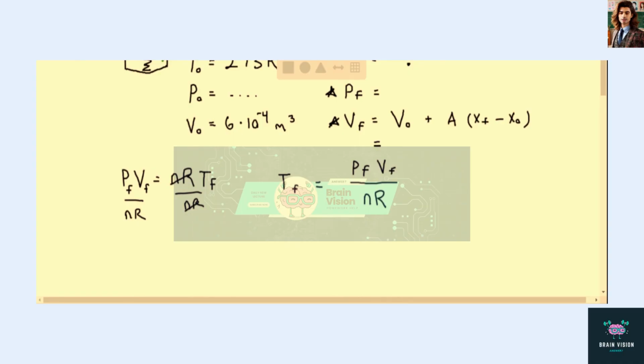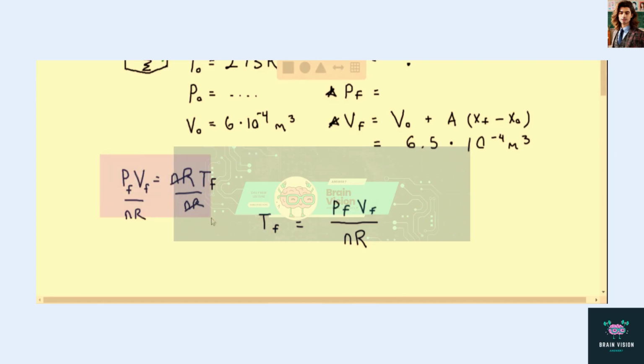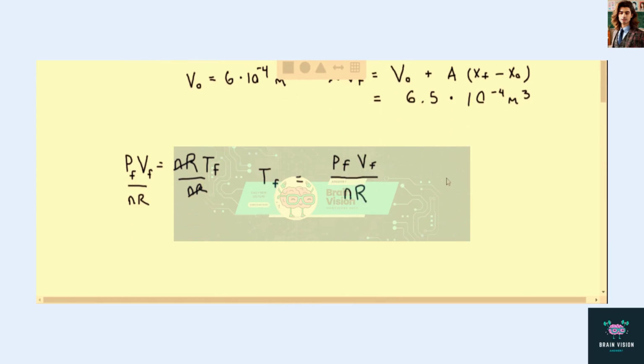If we plug in those values, we'll get 6.5 times 10 to the minus 4. Okay, I'm going to move this equation down just a little bit so we have some more room. All right, so now we've dealt with our final volume.